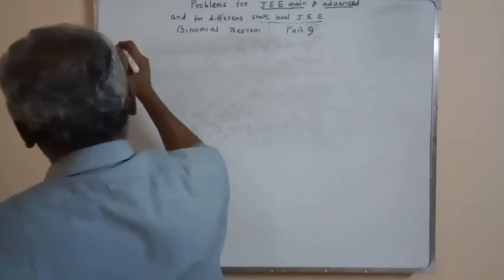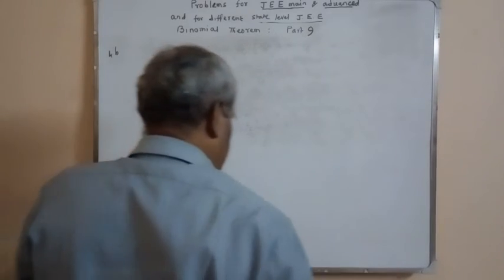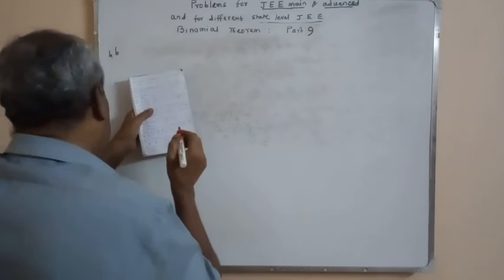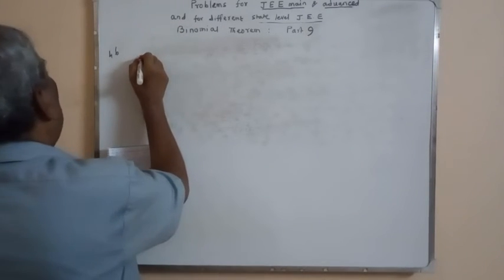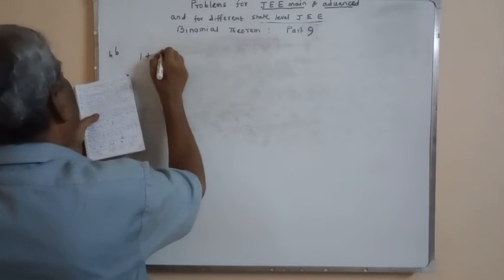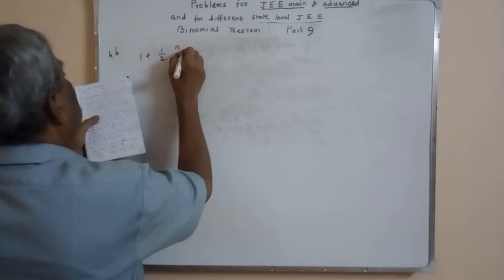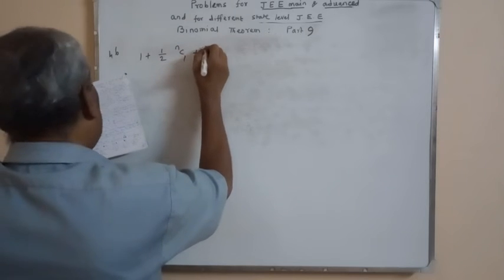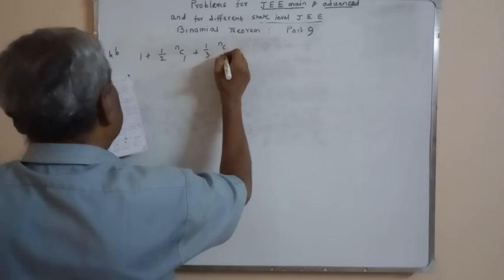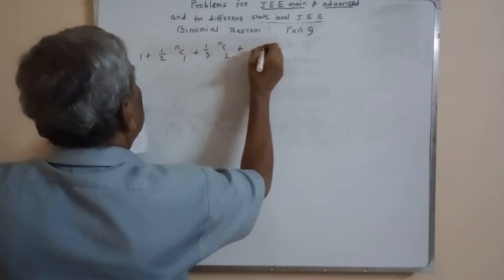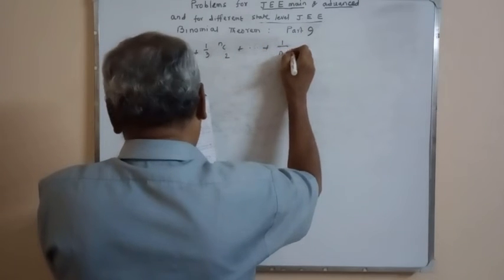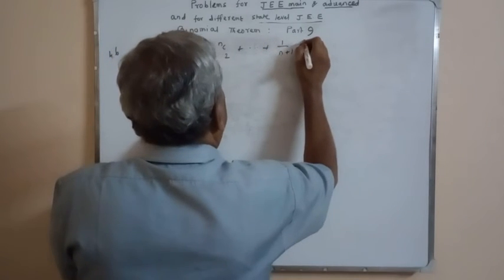Problem number 46. The sum of 1 plus 1 by 2 nC1 plus 1 by 3 nC2, this way up to 1 upon n plus 1 nCn.